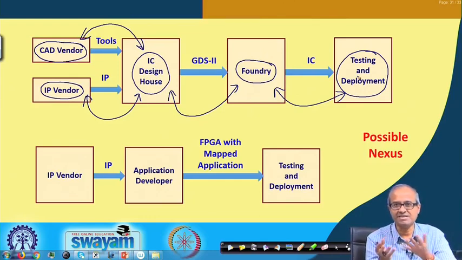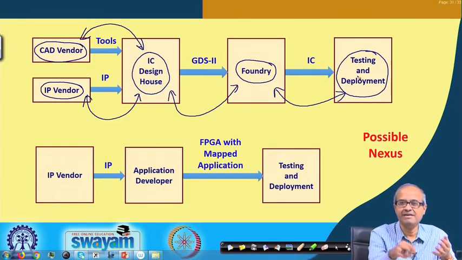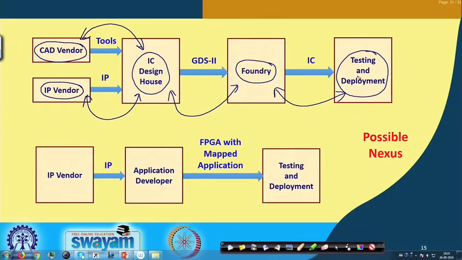So, if they have a nexus, then the effort of inserting the Trojan becomes that much simpler, because two of the parties know about this and they can do it in two different places, two different ways to make it happen. It becomes much easier.